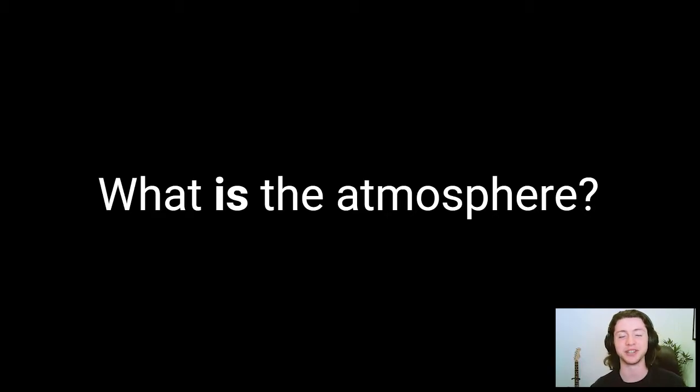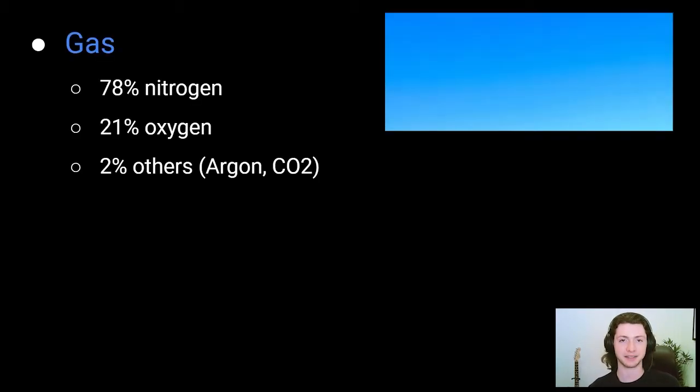We have an intuitive understanding of what the atmosphere is, right? At the end of the day, we know we want to end up with some kind of blue gradient that looks like the sky. But we're going to have to formalize our understanding a little bit more in order to construct a visually convincing model. The first component of the atmosphere that we're going to talk about is what I'm going to call gas.